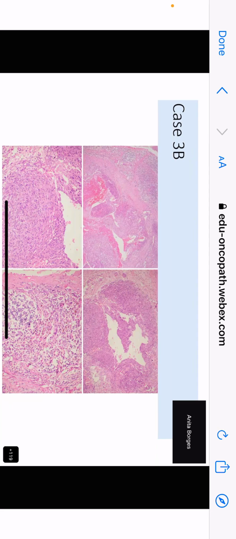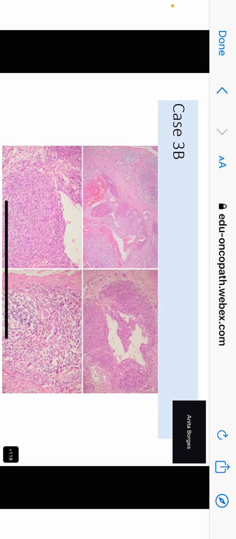A nodular soft tissue lesion, which is recurrent, with minimal pleomorphism, surrounded by... Somebody must be saying something in the chat box. What is in the chat box? What's the diagnosis? No response so far, ma'am. Nobody so far. I think they've all gone to sleep.